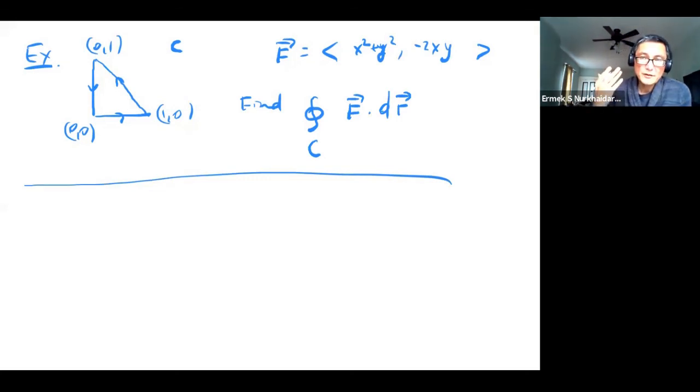Because the path is closed, simple, not intersecting itself, we're going to apply Green's theorem.